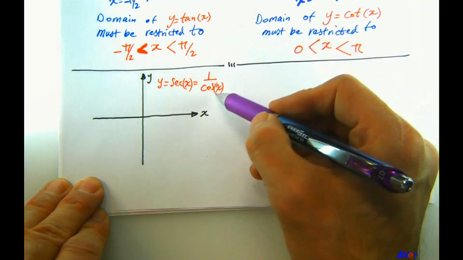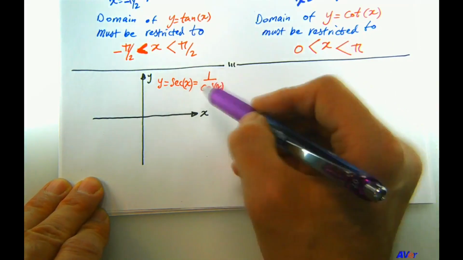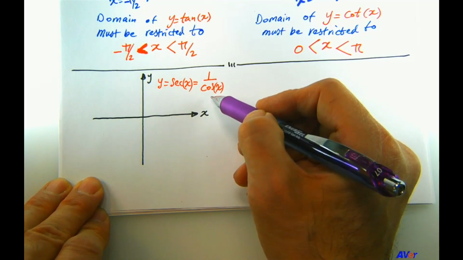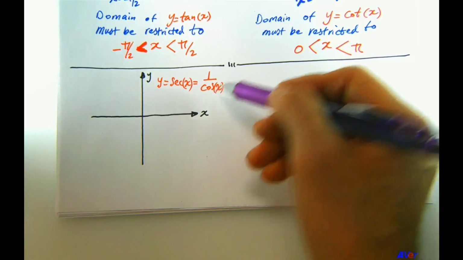So wherever the cosine of x is 0, it's going to be undefined, right? Where is cosine of x equal to 0?